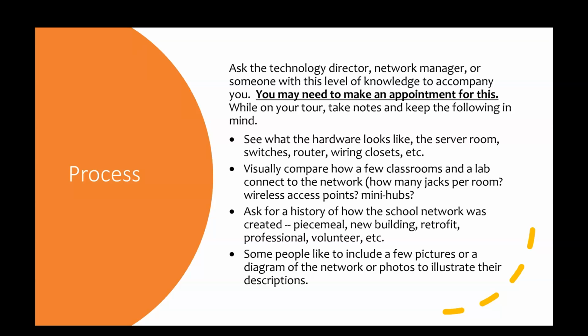And then they'd add on a lab here, add on a few more buildings or rooms over there. Maybe at the beginning they didn't think that certain people were going to need access to technology, so they didn't bother to put anything in those rooms. And so they've been adding on gradually. I call that piecemeal. Or it may be that in a newer building, the network was set up from the beginning, planned from the beginning, and rolled out as the building opened. So just find out how that is.